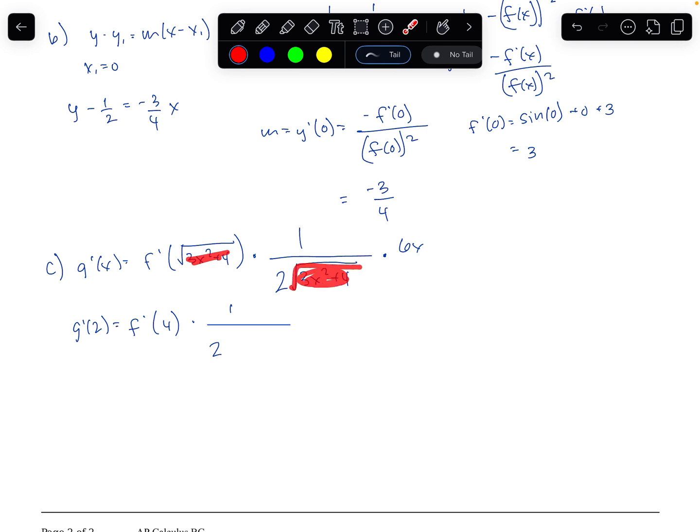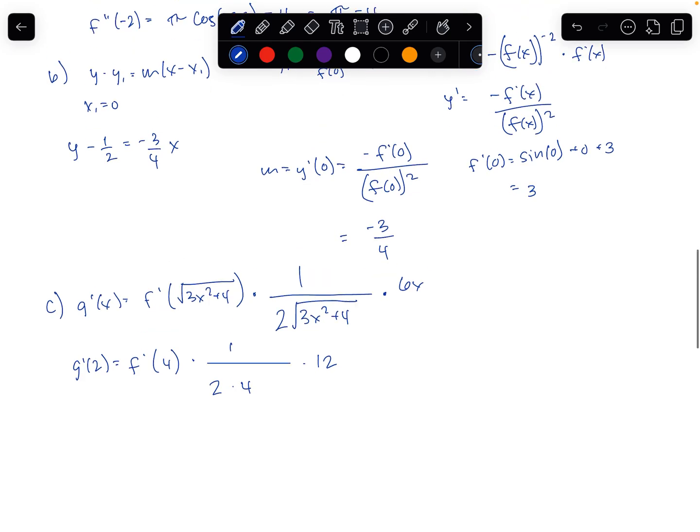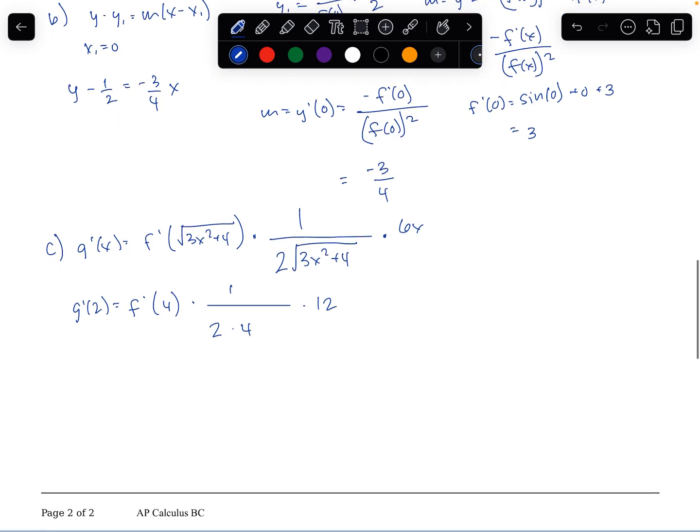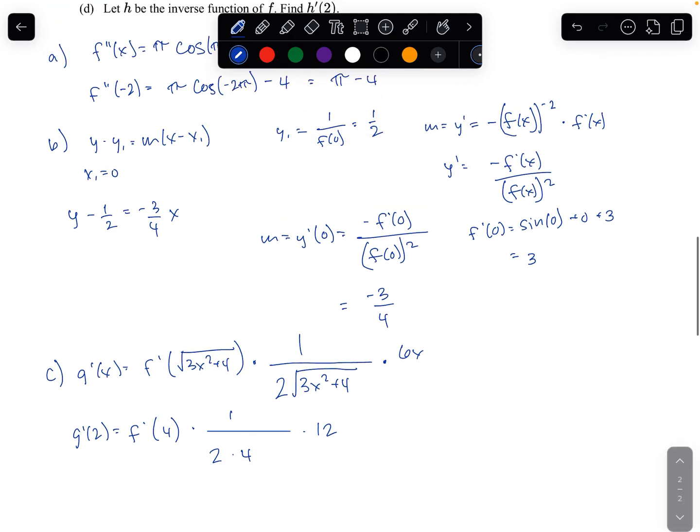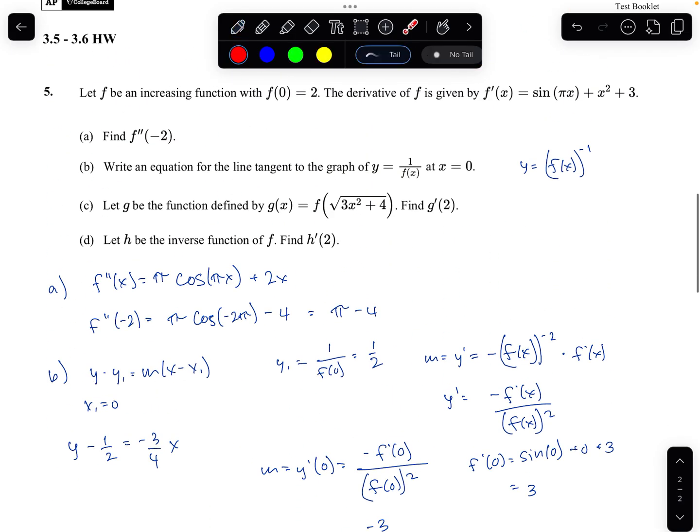Then we'll do the square root of 16, so it's going to be 4. So times 4 times 12, right? Yeah, I think so. Maybe. We'll find out. Does that sound right? The derivative of that is going to be 6x. Okay.